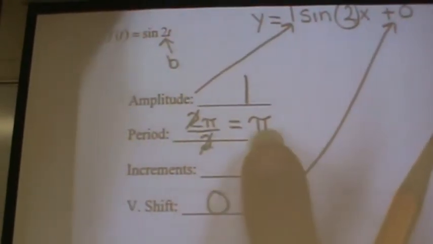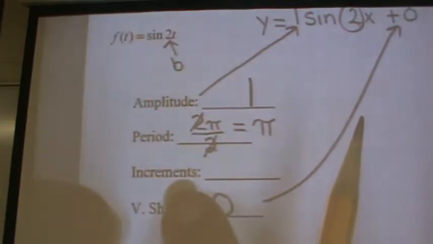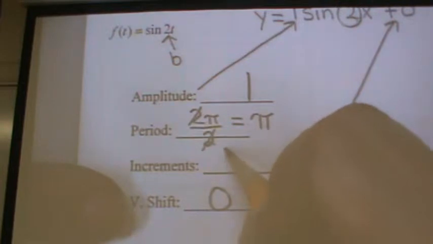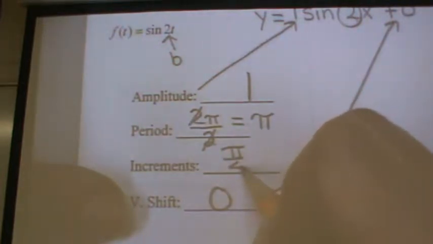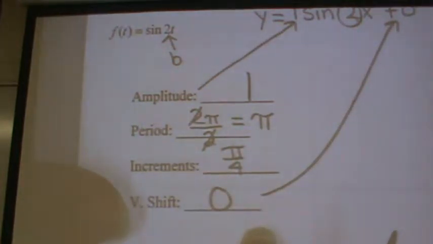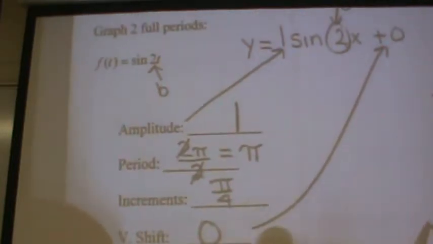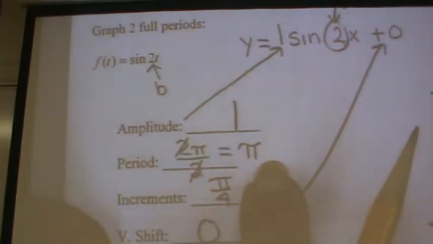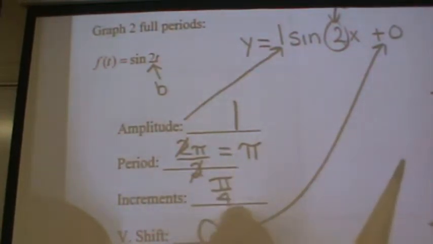So to figure out what the increments are, you take the period and divide it by 4. This graph is going to complete the cycle by pi, but the increments are pi over 4.